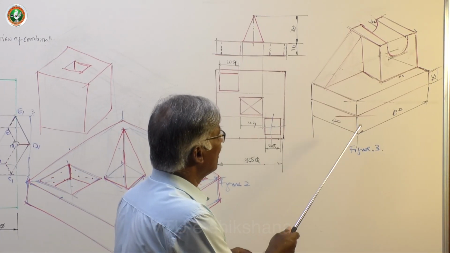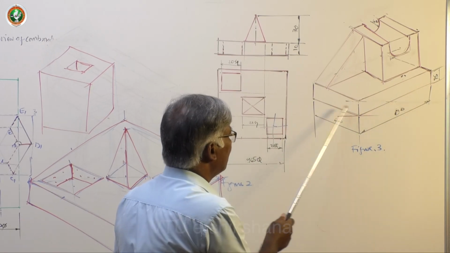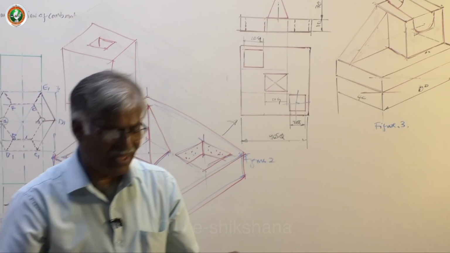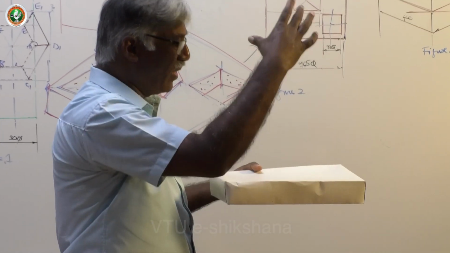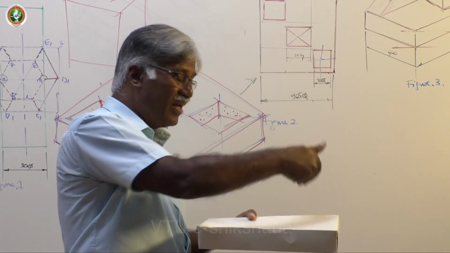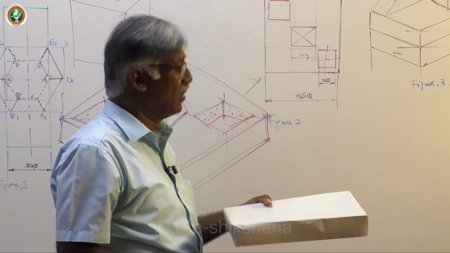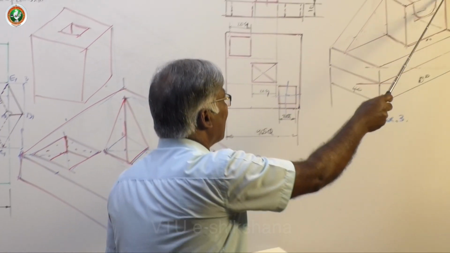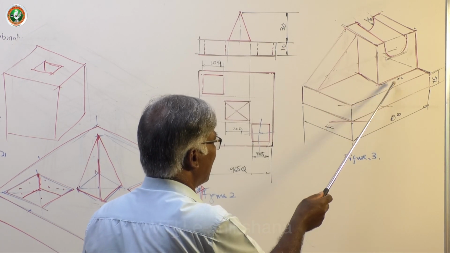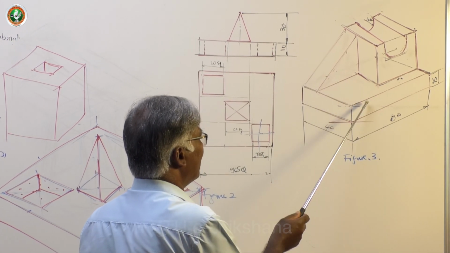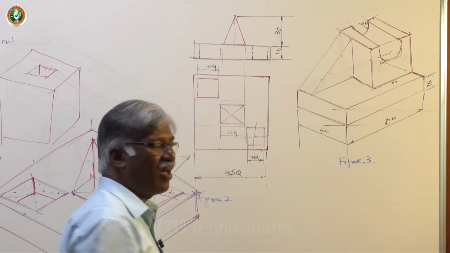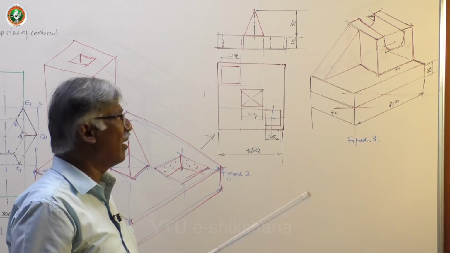Here I have a base block of this type, and I have kept one rectangular block, then created a semicircular hole here, for a length of 40. If 40 is there, this is 10, assume that is 10, 30 mm base width, and here is 40. And then I have created a semicircular slot.